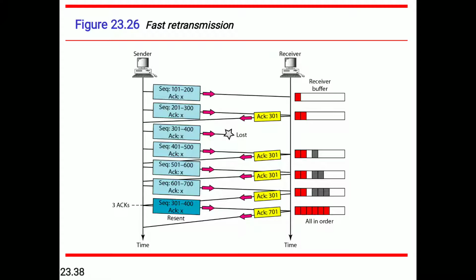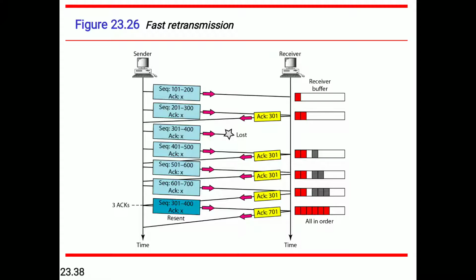Fast retransmission. Another example: the sender is sending the sequence number 101 to 200, then it is sending 201 to 300. The receiver is giving the acknowledgement 301, which means that it has received up to sequence number 300 and is waiting for sequence number 301.